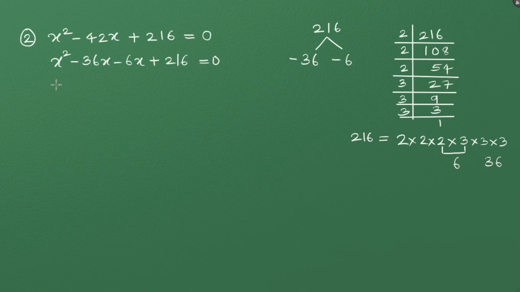Now take common. The common factor here in the first and second term is x. In the third and fourth term it is minus 6. We get x minus 36 and x minus 6.